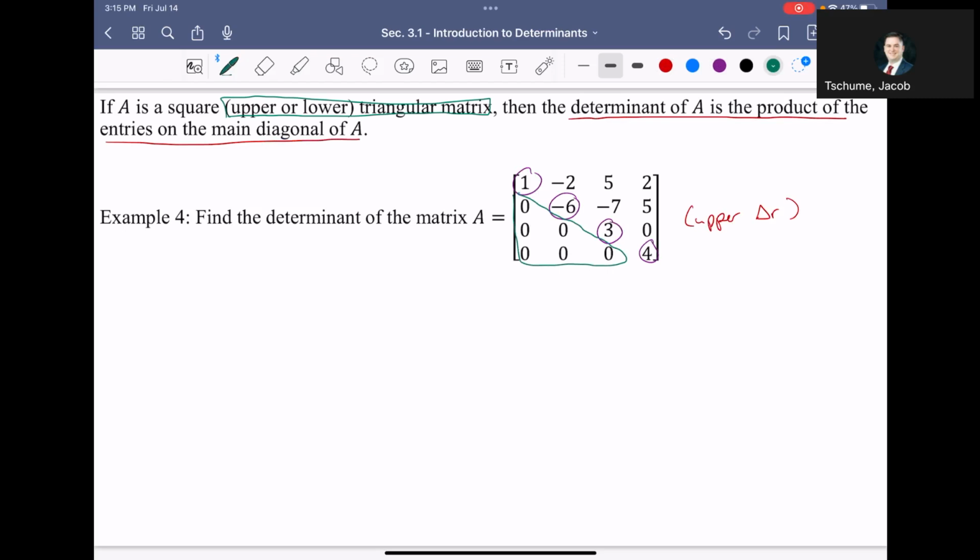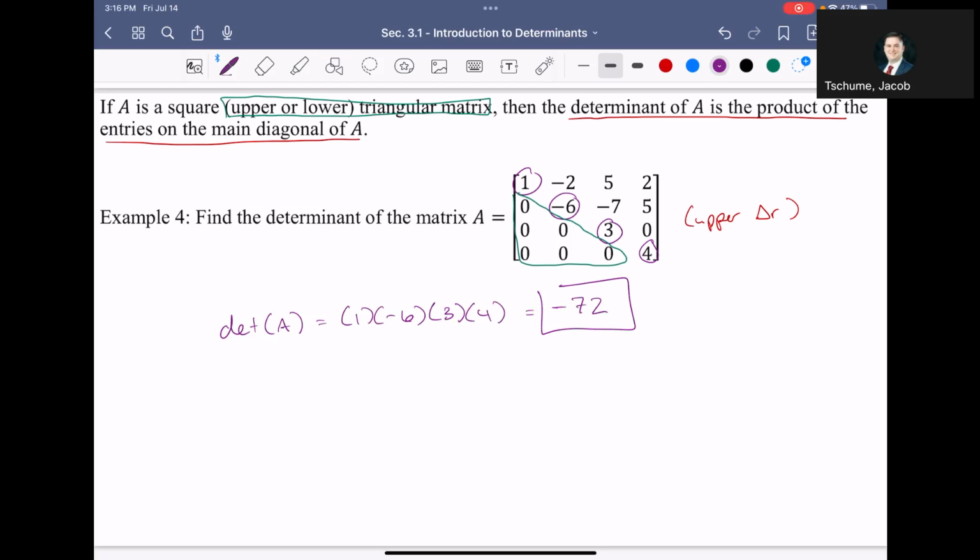If that is the case, when you go to find the determinant of a matrix like this, all you have to do is multiply the numbers that I have circled that are down the main diagonal. That would be 1 times -6 times 3 times 4. And let's see, that's 12 times -6, which is -72. Hopefully that's right. I don't have my calculator in front of me. 18 times 4, yeah, I think that's right.